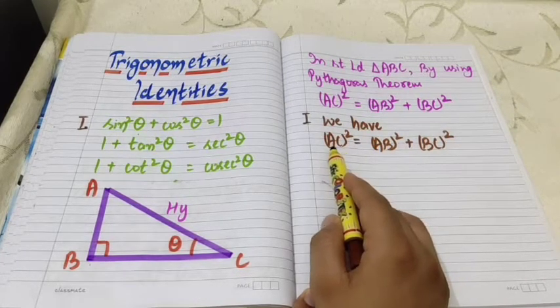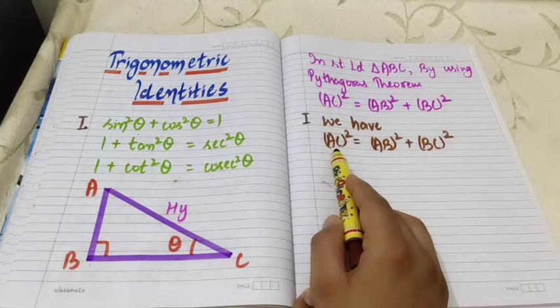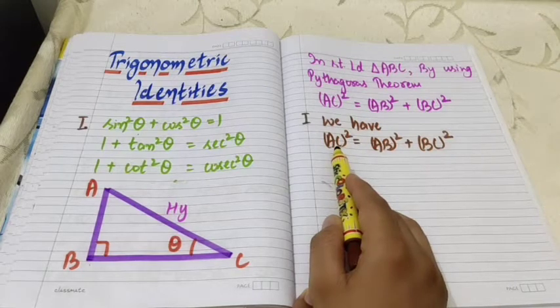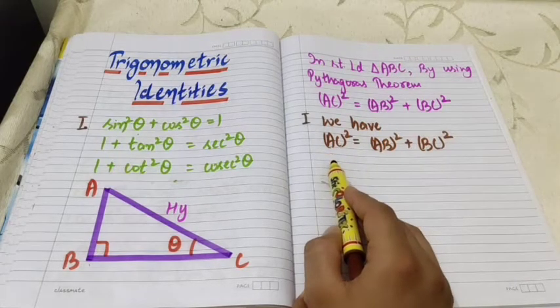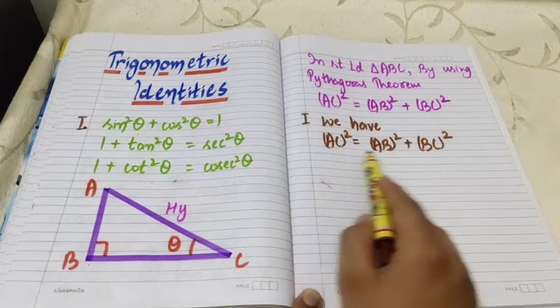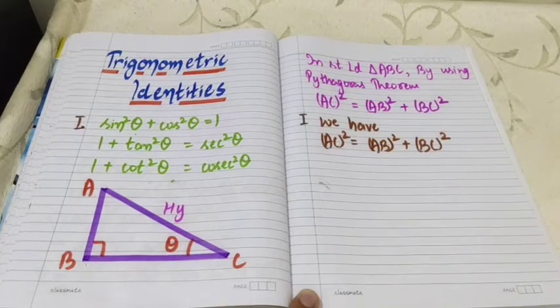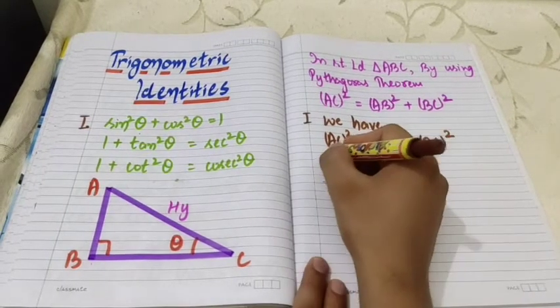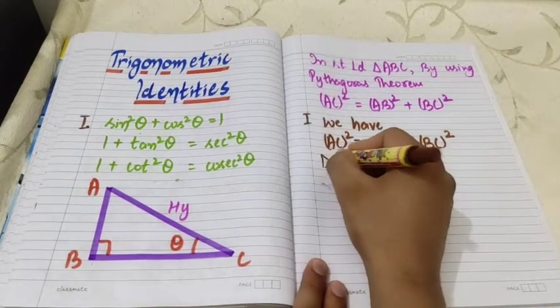For that, we have to divide AC square by itself. Means AC square should be divided by AC square, only then we will be left with 1. And since we are dividing the left hand side by AC square, we have to divide the right hand side by AC square as well. So let us divide both sides by AC square.